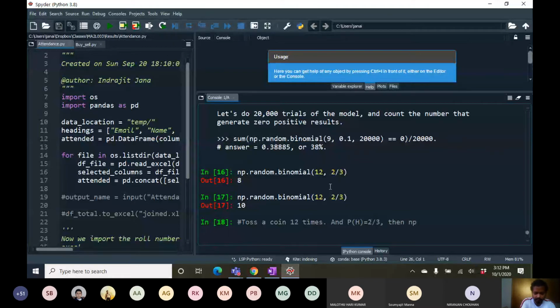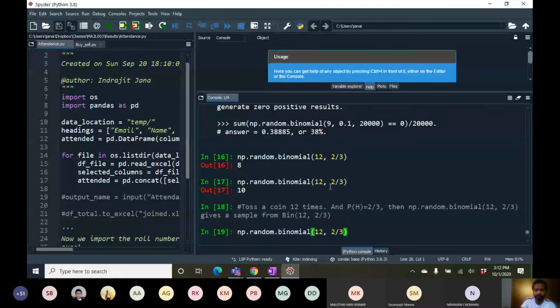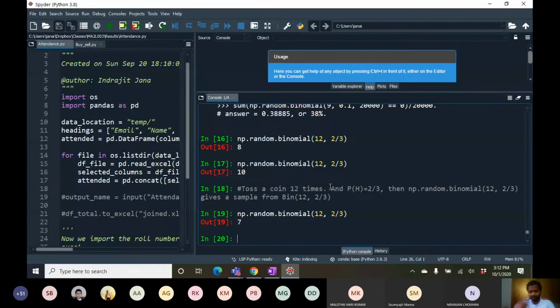Then np.random.binomial 12, 2/3 gives you a sample from this binomial distribution. So when you call that function, the computer is tossing a coin 12 times with success probability 2/3, and it's counting the number of heads it obtained, and suppose in this case it obtained 7.